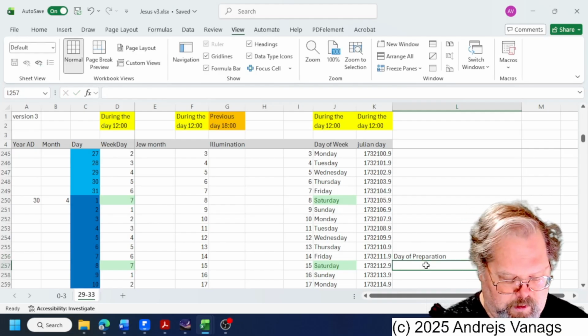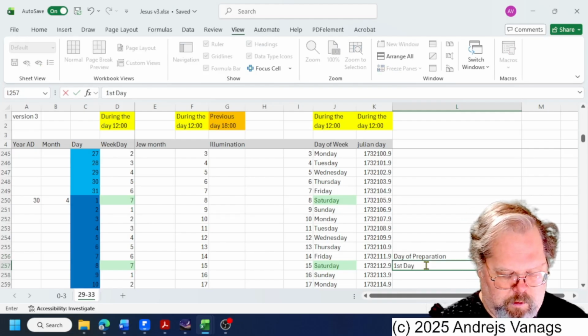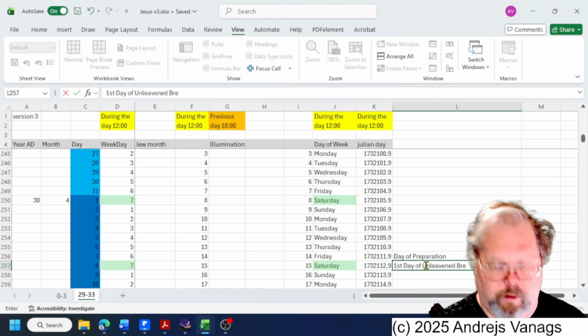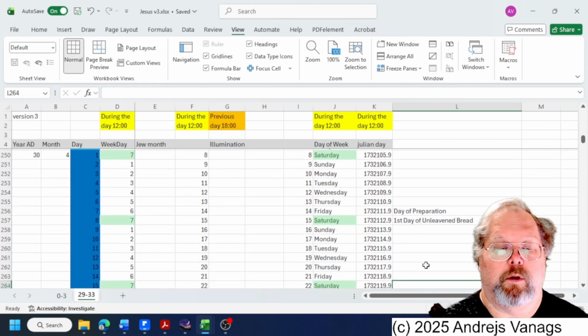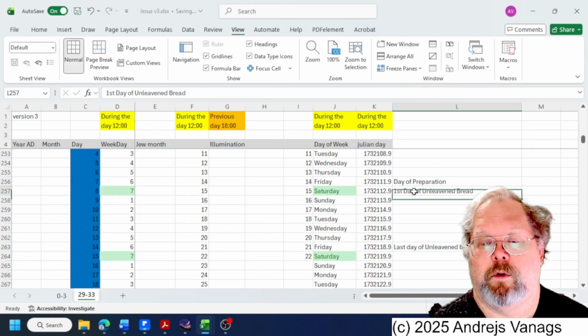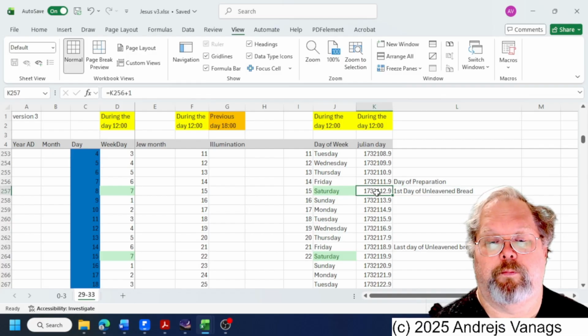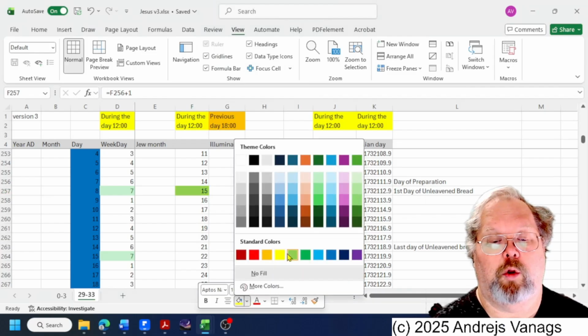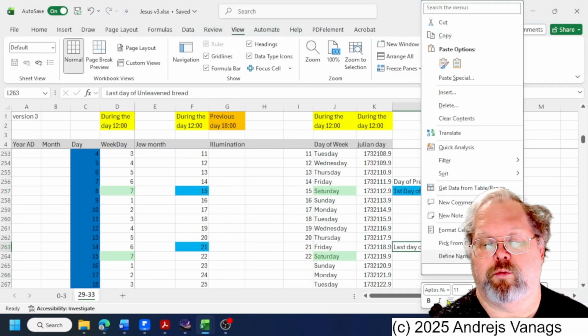And the first day of unleavened bread is on the 15th, and the last day is here. So we'll make these blue for a holy convocation where you don't work.